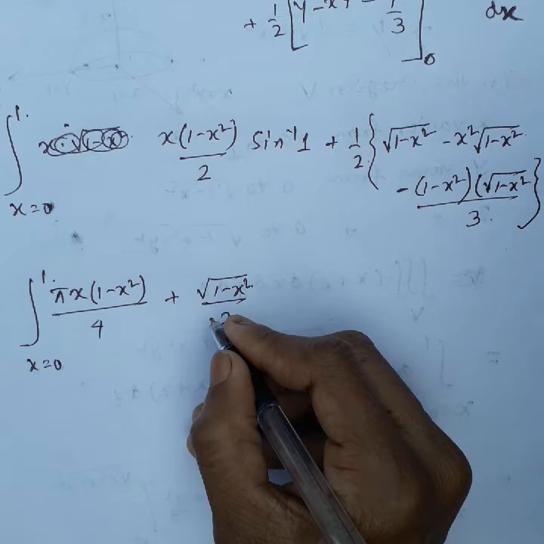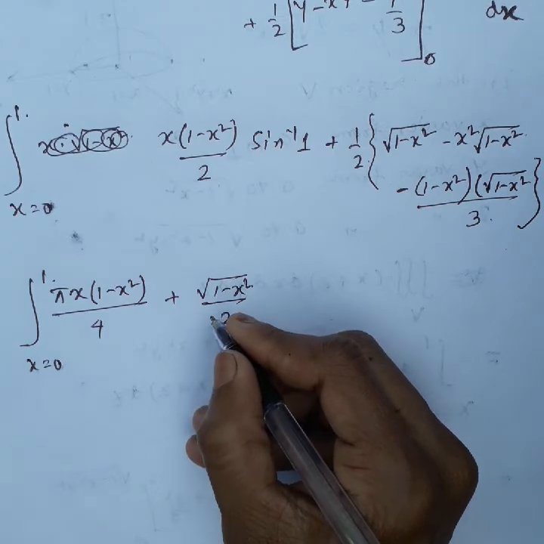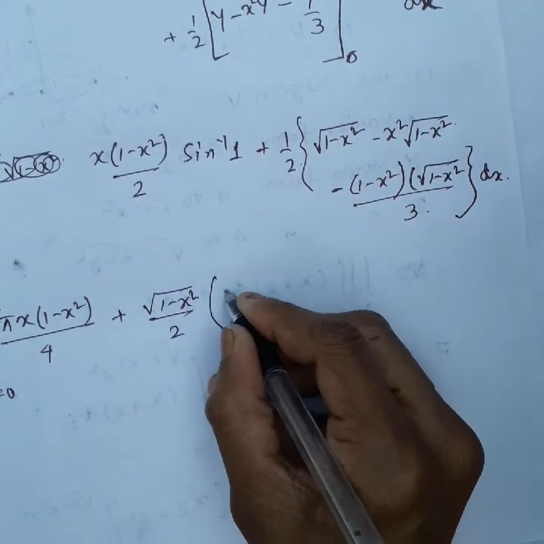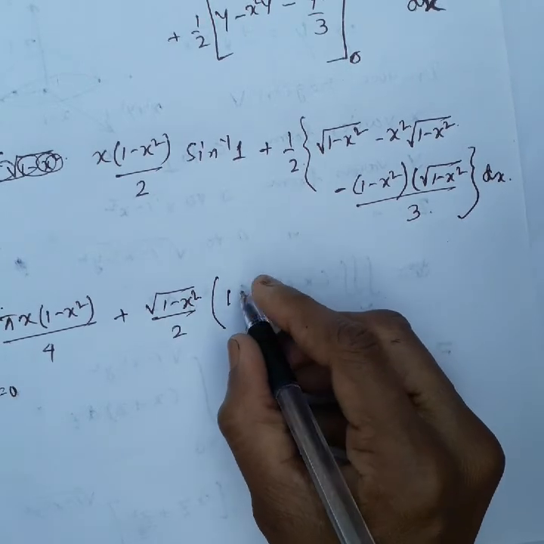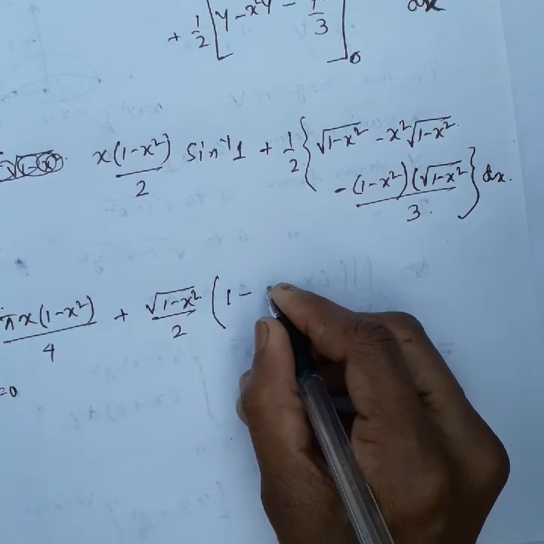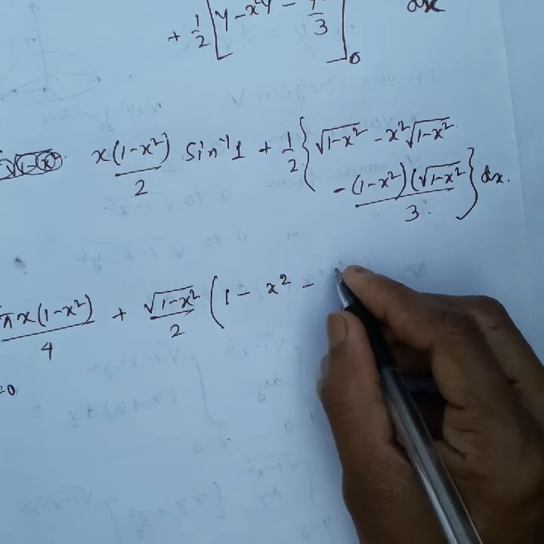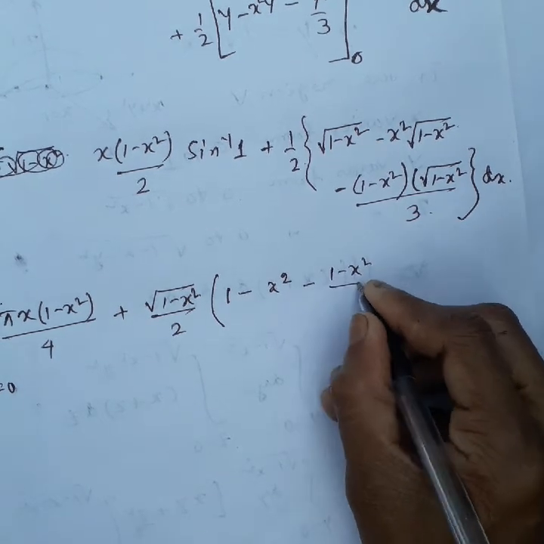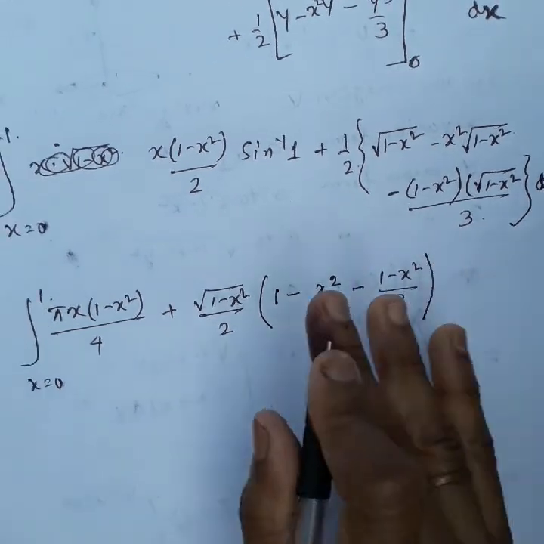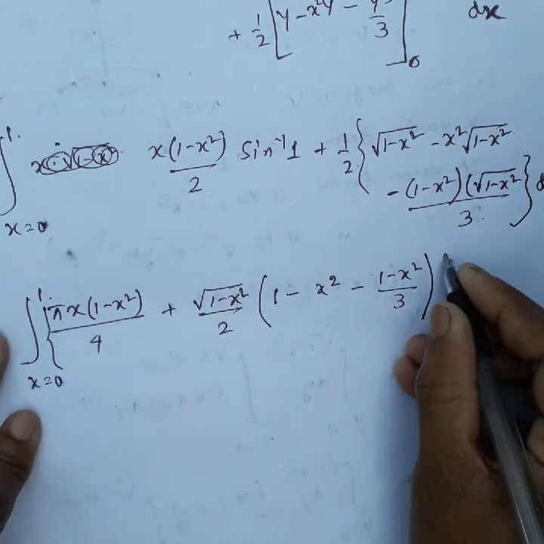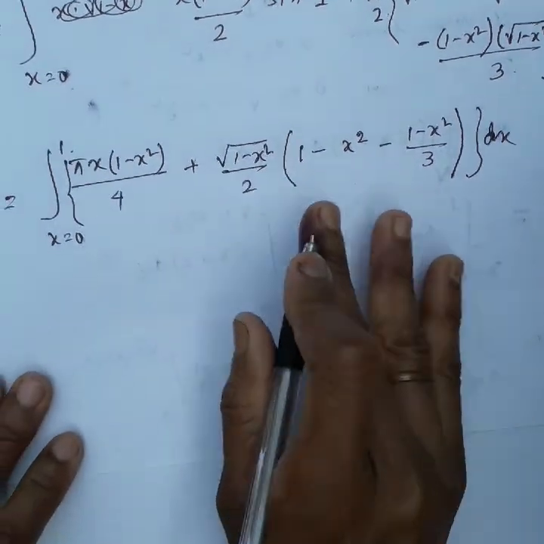This will be common here, so we get 1 minus x square minus 1 minus x square by 3 dx.